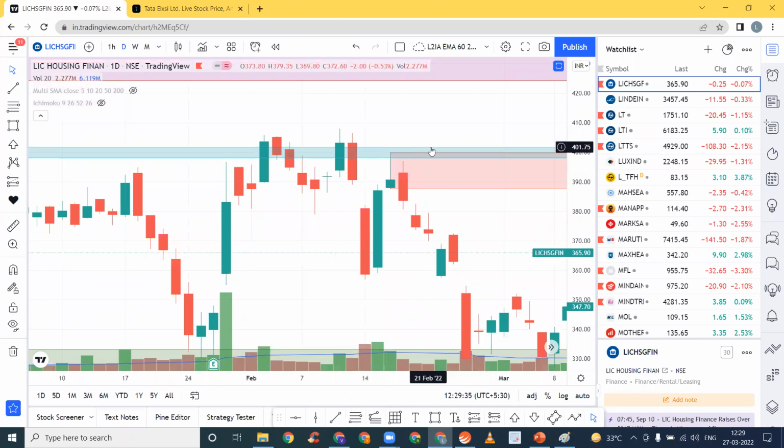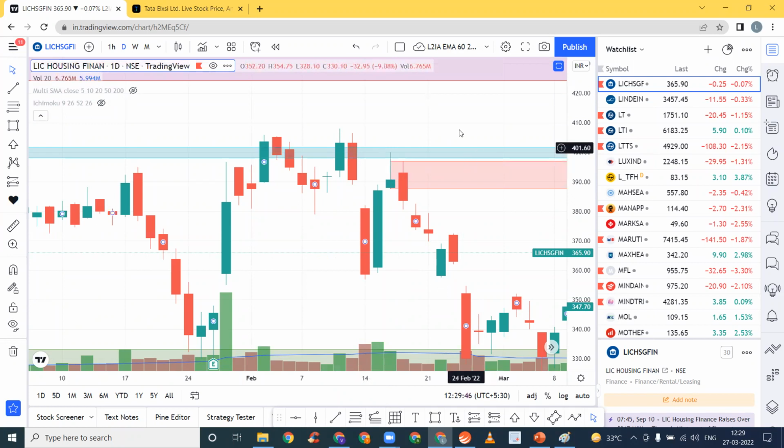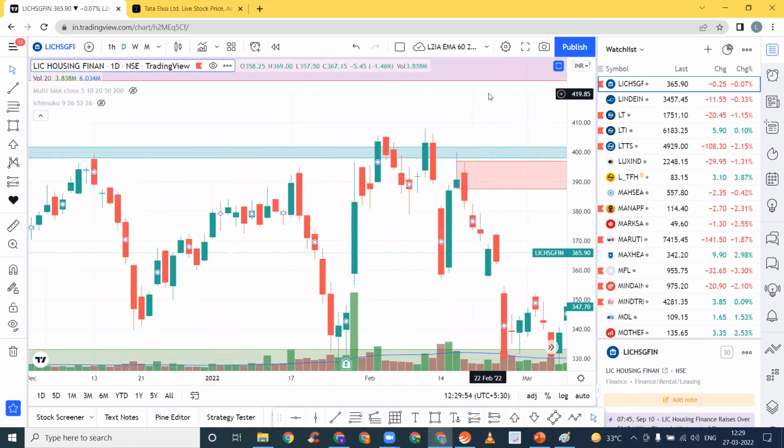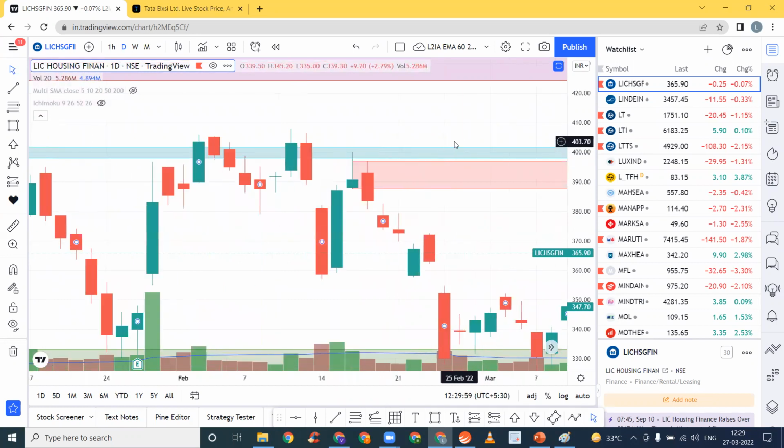You can see the red one. So both the zones are nearby. From the selling point of view, the supply zone and the resistance are there. So if you are getting anything like 400 or so, it should be a good exit.